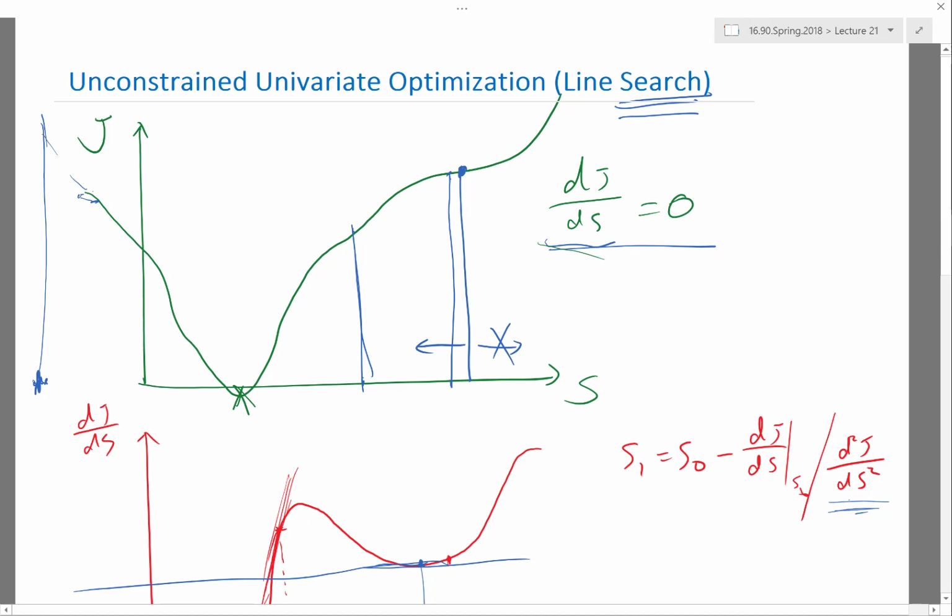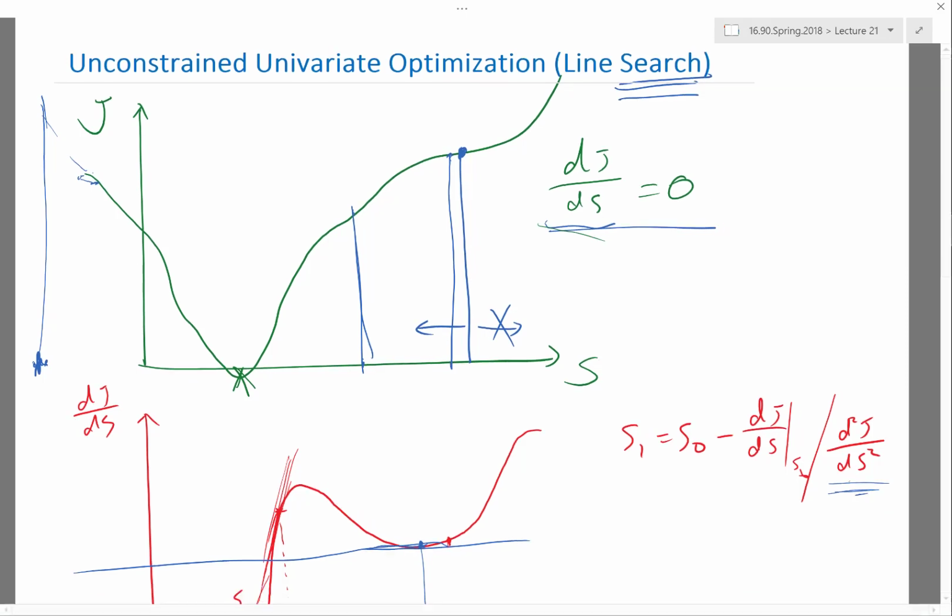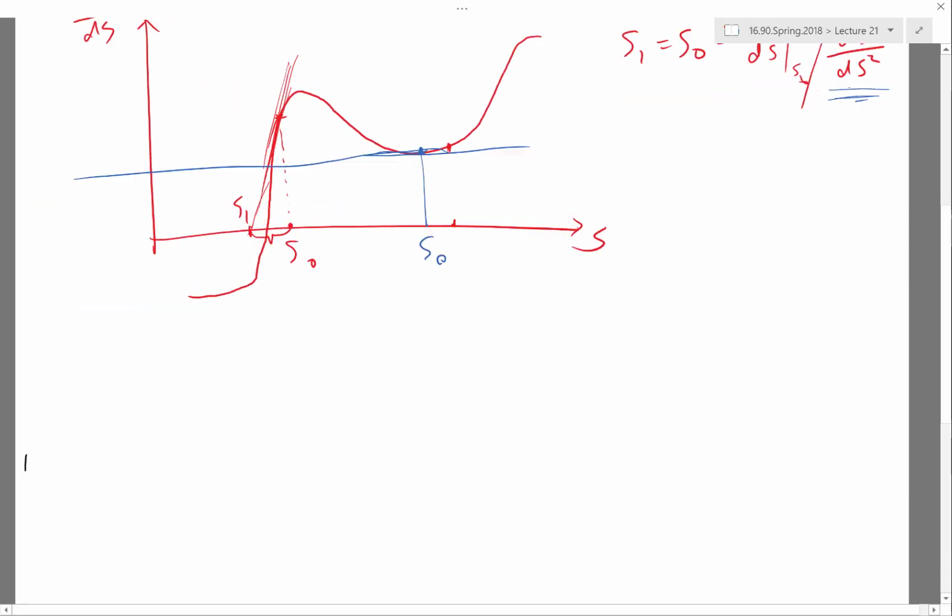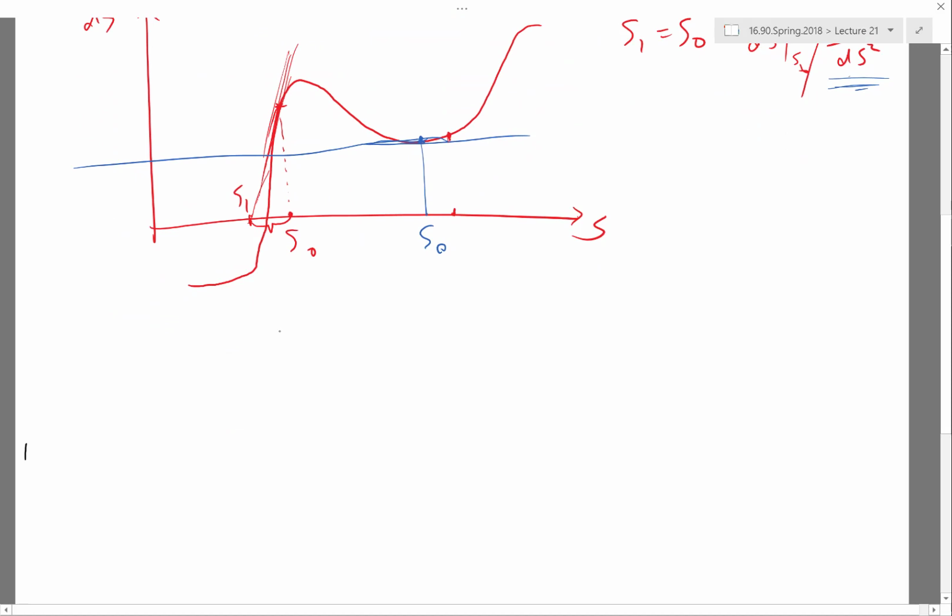Okay, so that's overshooting. Undershooting means you are so small that the difference you get is exactly consistent with the derivative. So you are taking a step as small as by the definition of your derivative. So line search basically goes back and forth between too small and too large.